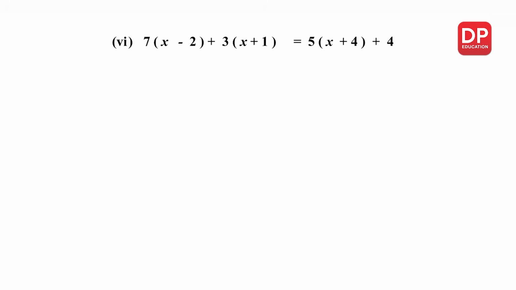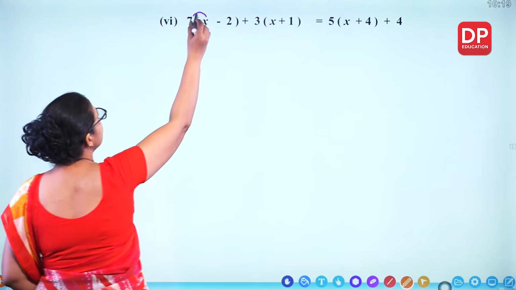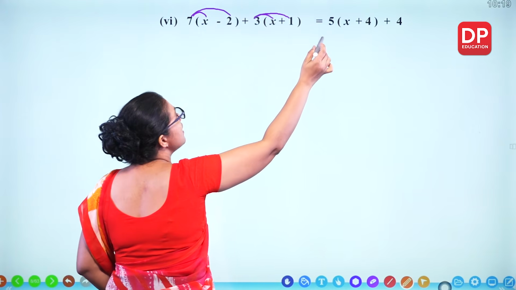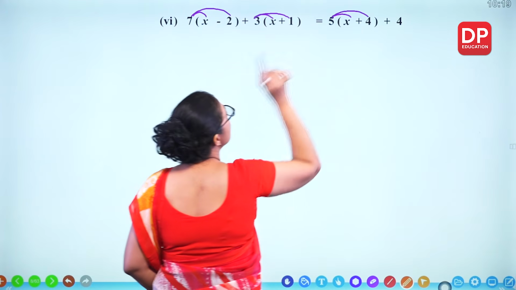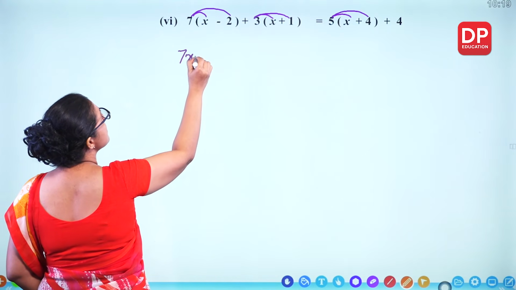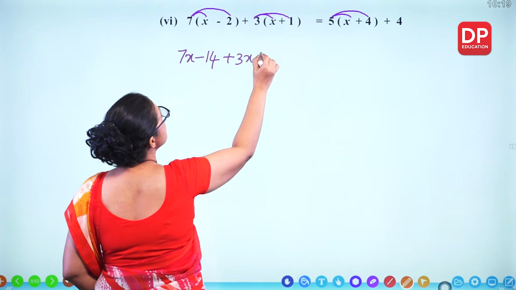Another equation, you need to expand brackets. So multiply this by 7, here 3, and this one by 5. 7 times x, 7x minus 14. 3 times x, 3x plus 3.